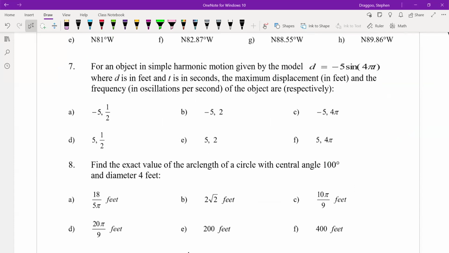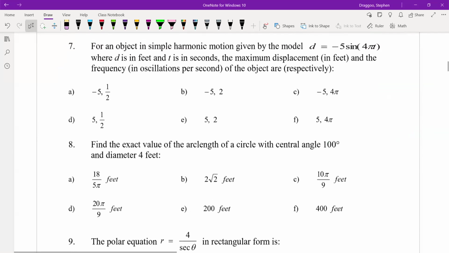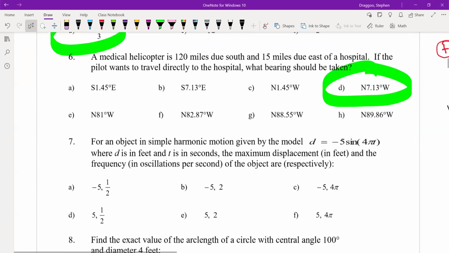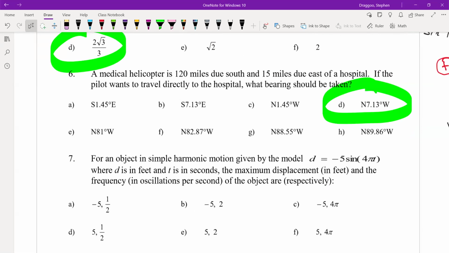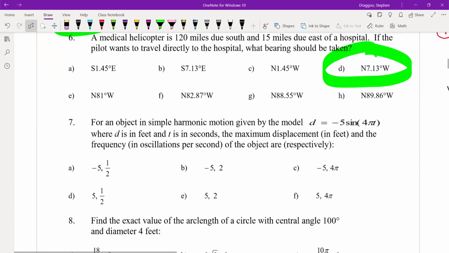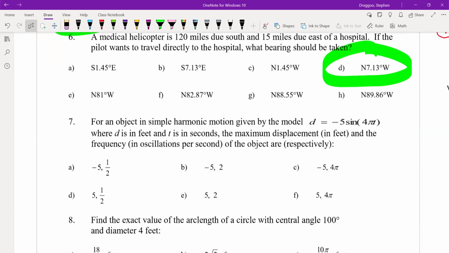All right, up next, let's talk about simple harmonic motion. Recall first that motion is simple harmonic if it can be expressed with a single sine or cosine function. So anything that's a sine bx or sine bt or a cosine bt, those are objects in simple harmonic motion.